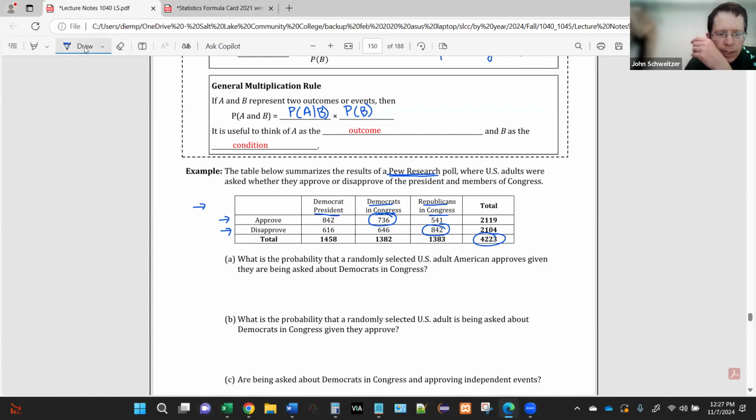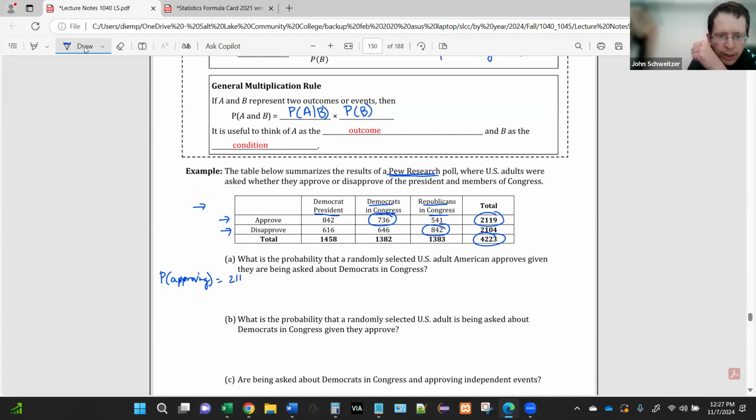What is the probability that somebody is approving? I'm just going to leave it as any question. So if you get a randomly selected person in a randomly selected question, are they approving of the person you're asking about? Well, how many people are approving?